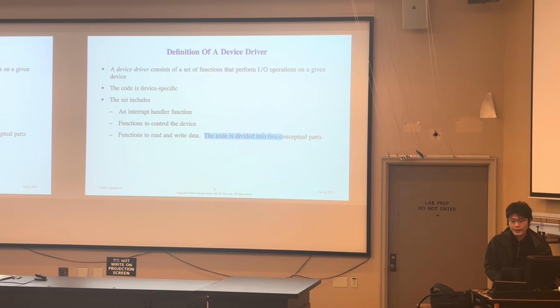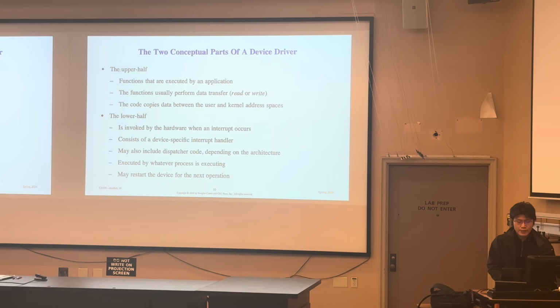The code is divided into two conceptual parts. The upper half is the functions that are executed by the application and perform data transfer, read or write. The code will copy the data between the user and the kernel address space.